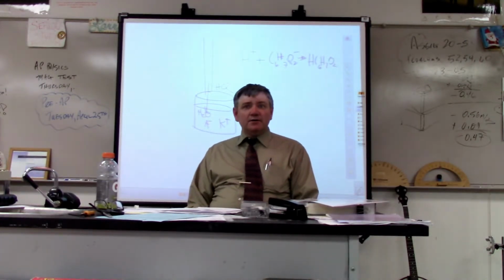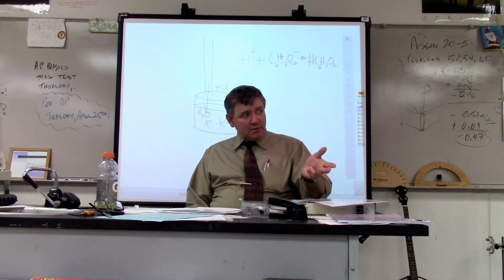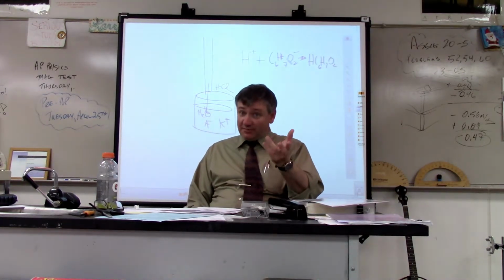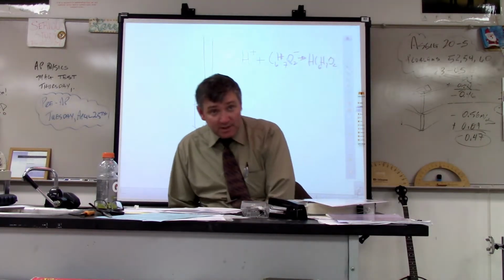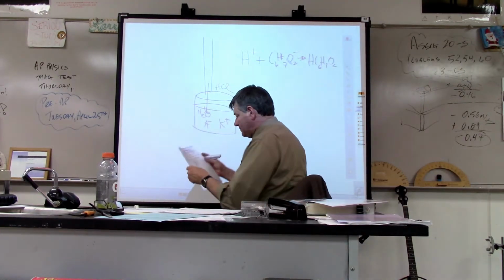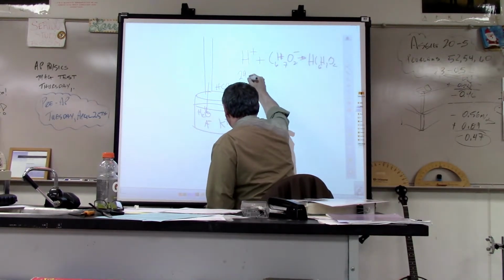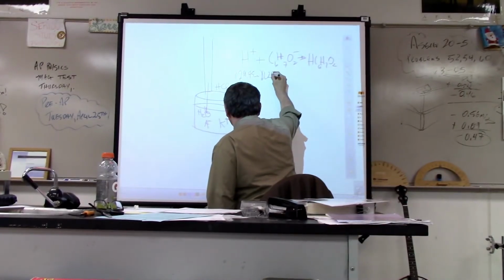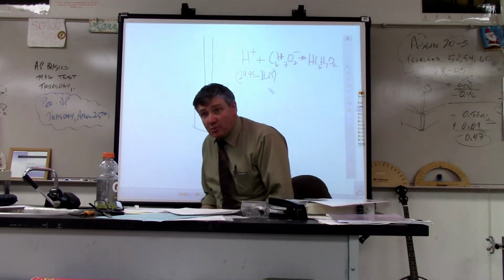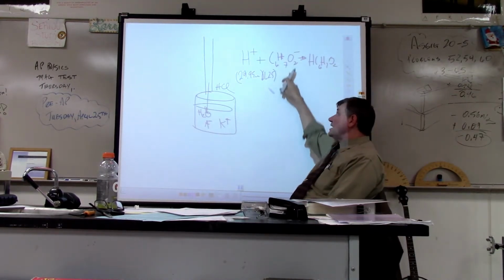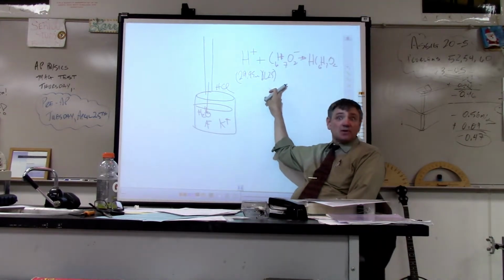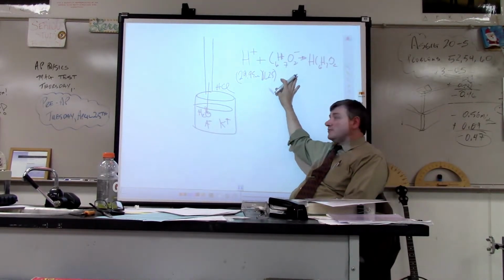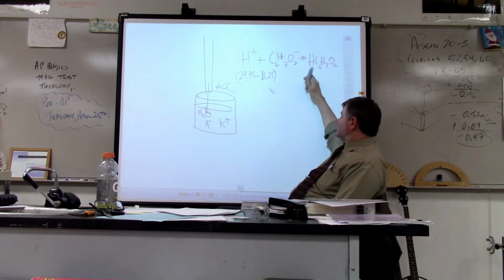So what can I figure out? The number of millimoles of hydronium ions. So I can take 29.95 milliliters times 1.25. Now, at the equivalence point, that has to equal the same number of millimoles of this. But what do you have over here? 45 milliliters.